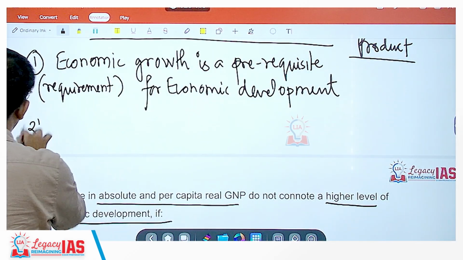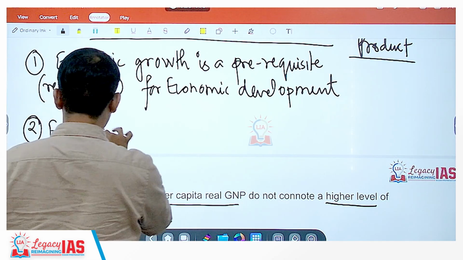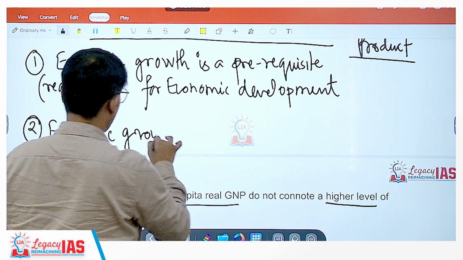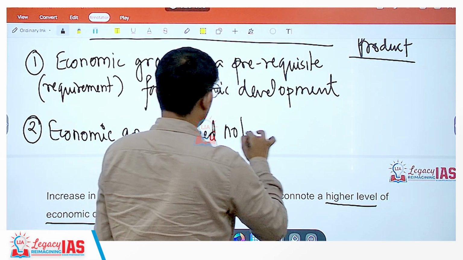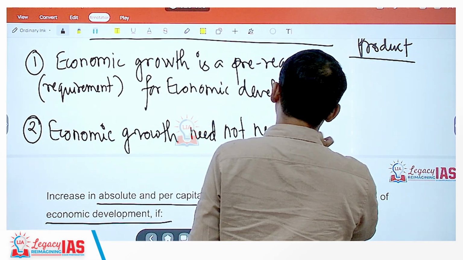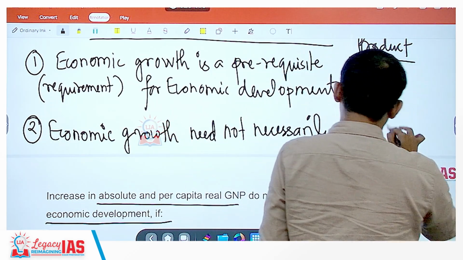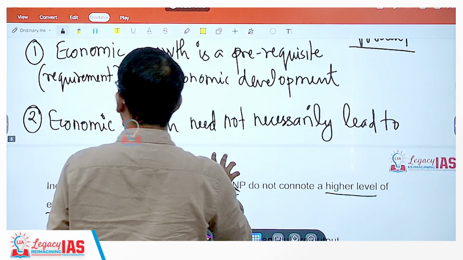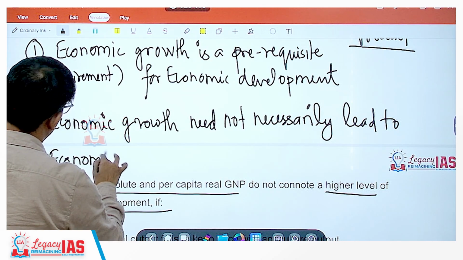But economic growth need not necessarily lead to economic development.